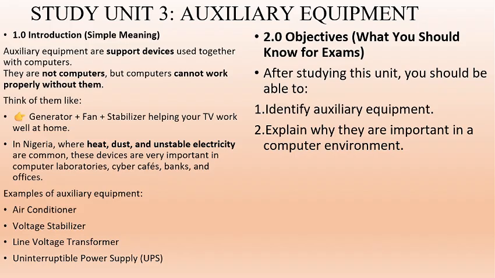Anything that wants to burn your TV will first pass through the stabilizer. The line voltage transformer also helps to step up and step down current. Then we have the UPS.